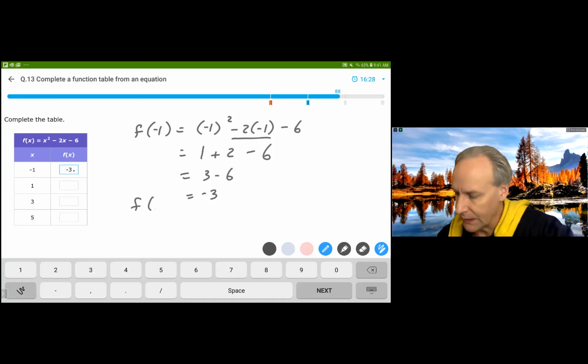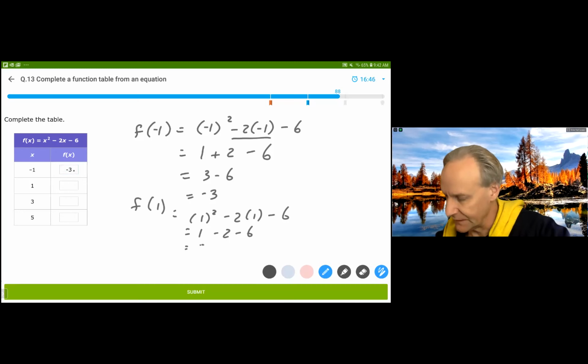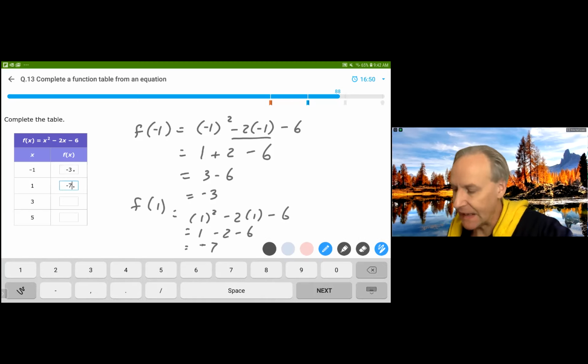F of 1 is not the same, I hate to tell you. That's going to give us 1 squared, which again is 1, minus 2 times 1, minus 6. That's going to be 1 minus 2 minus 6, which is negative 7. Bad news.